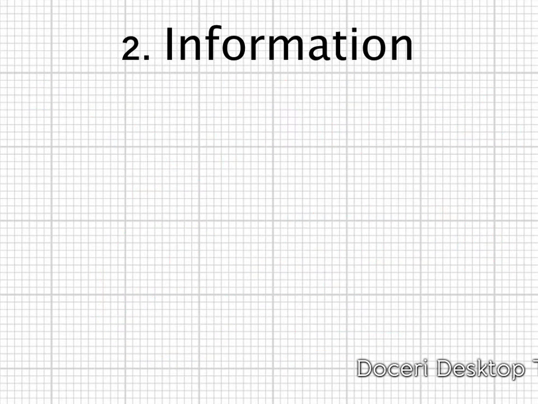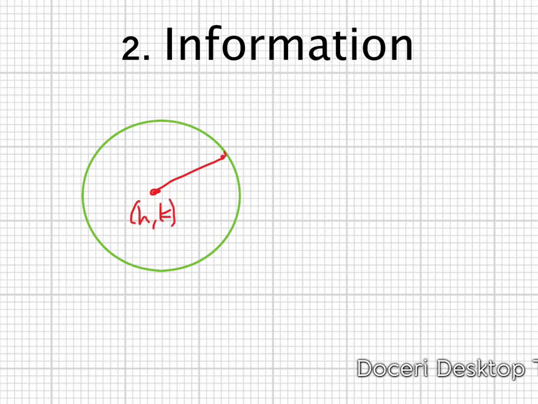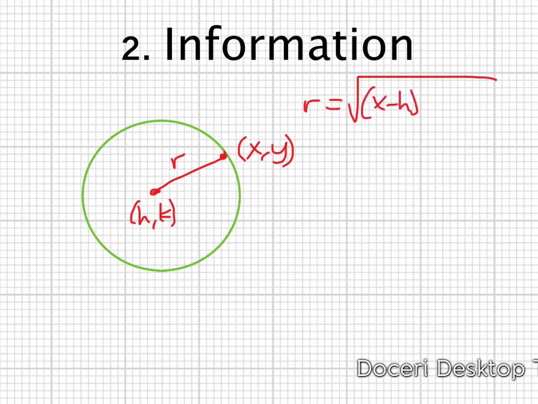The next piece of information would be the form of the equation of a circle. And if you remember, we used the Pythagorean theorem to find the equation of the circle from the exploration. Let's say my center is at h, k, and the point on the circle we say is x, y. So to find the equation for that, I would do the distance. Since my distance is my radius, I do my radius equals the square root of x minus h squared plus y minus k squared.